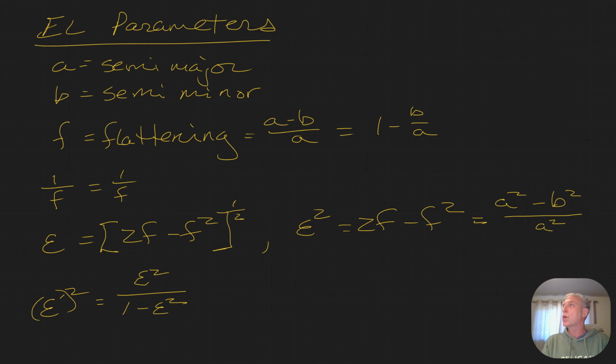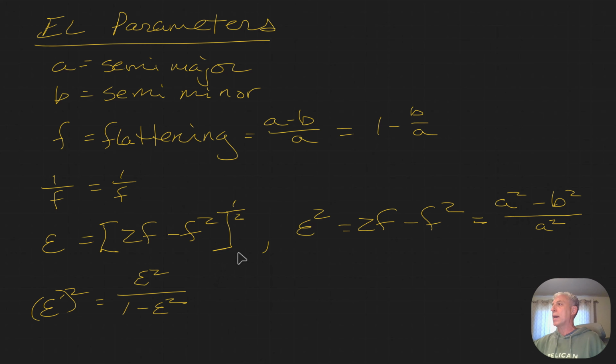So if you copy down in your notes this page here, or this display, we'll be referring back to this over and over. So copy it down, highlight it, put a big box around it, put it in your summary of formulae, and we'll be referring back to that.